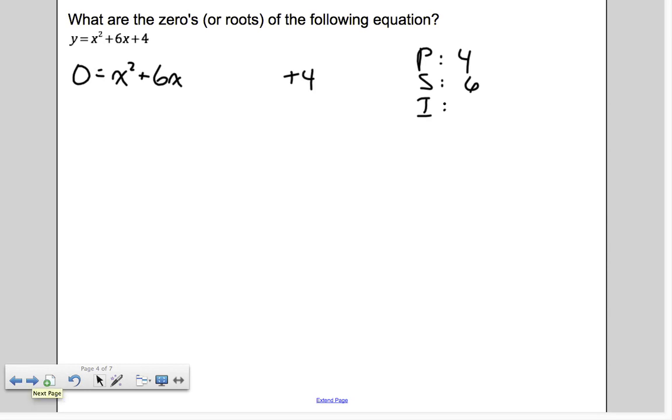What value will complete the square for x squared plus 6x? We have to add 9 to this: 6 divided by 2 is 3, squared gives positive 9. We can then subtract 9. So we have 0 is equal to (x plus 3) squared minus 5.